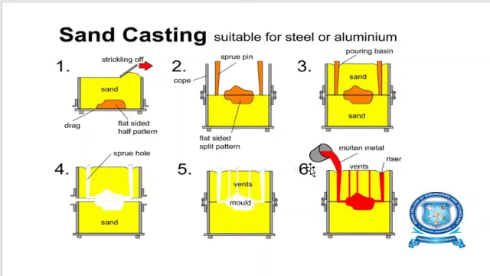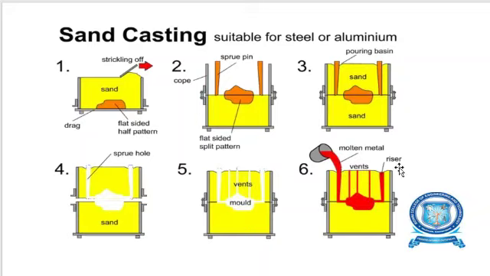And finally, step 6, the molten metal, in liquid state, is poured into the mold cavity, like this one in red color. After the molten metal fills the mold cavity, excess metal will rise in the riser and vent hole itself.